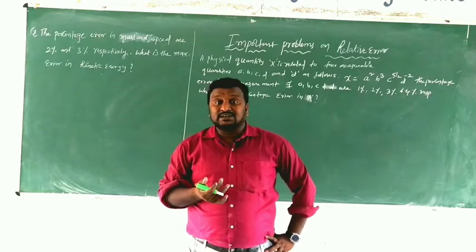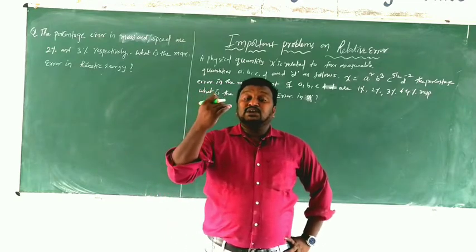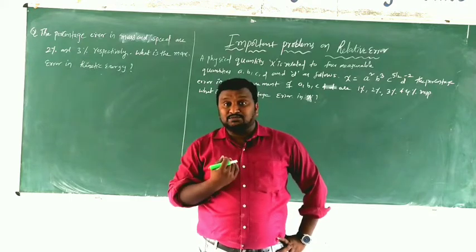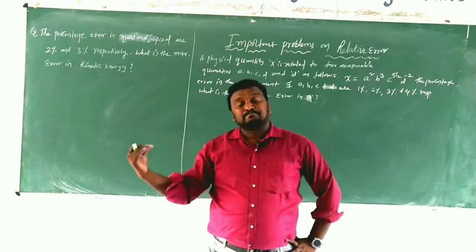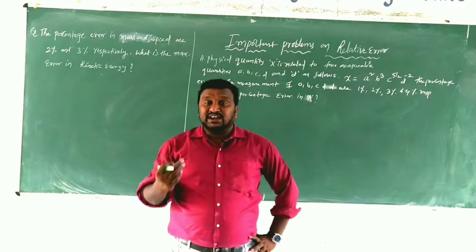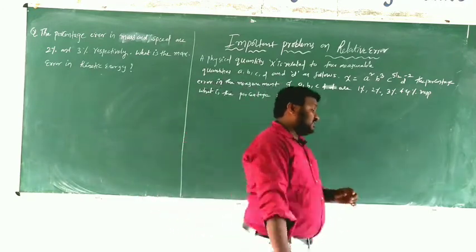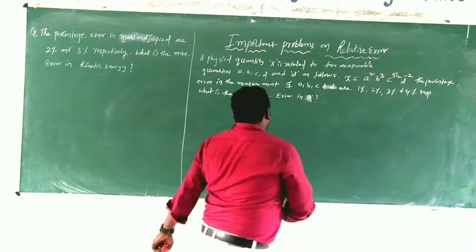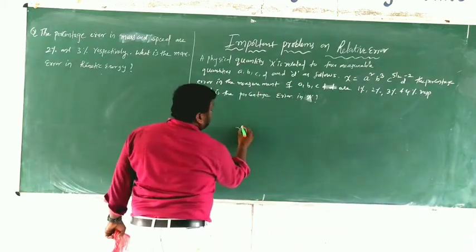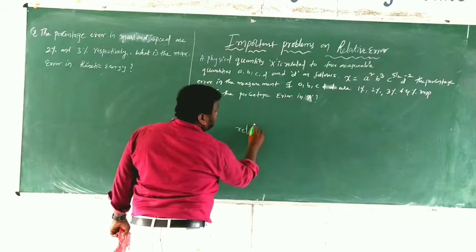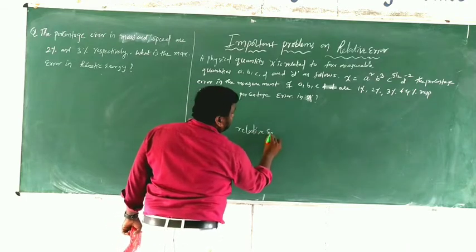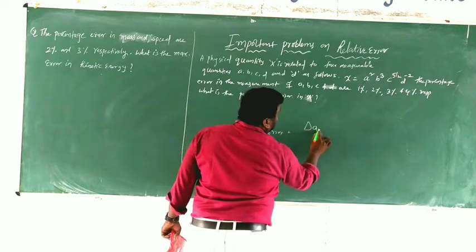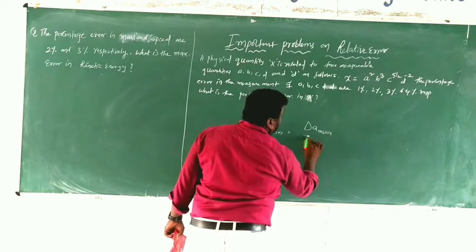So first, what is meant by relative error? Relative error is nothing but the ratio of mean absolute error to the true value. It can be written as delta A mean by A mean.